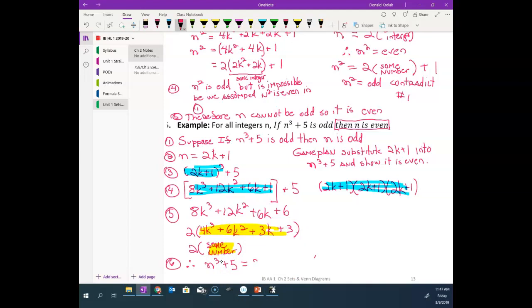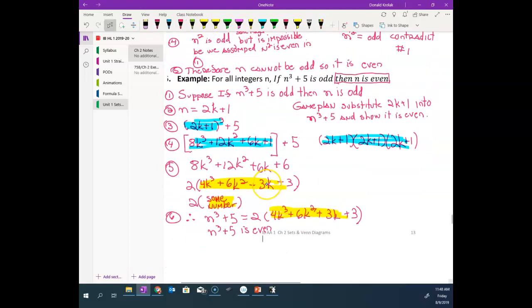So this, which is 4k cubed plus 6k squared plus 3k plus 3, is some number multiplied by 2. That makes it even. So n cubed plus 5 is even, which contradicts our assumption. So here's the contradiction between that statement and this statement.